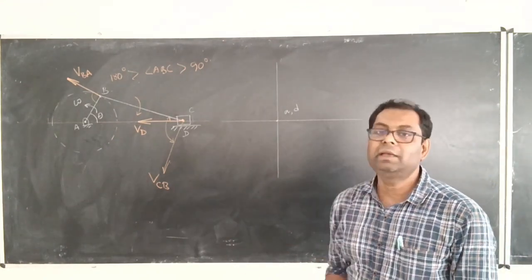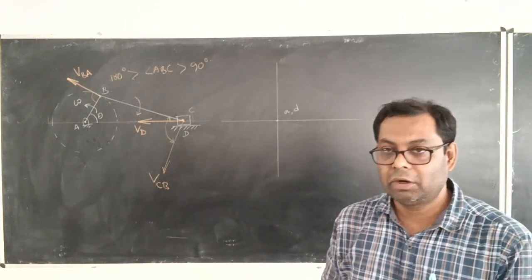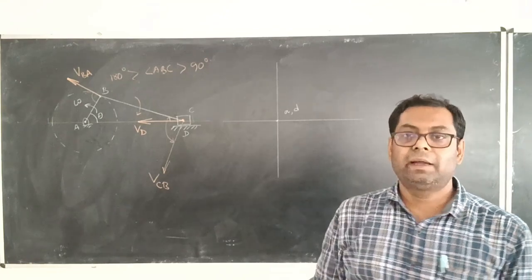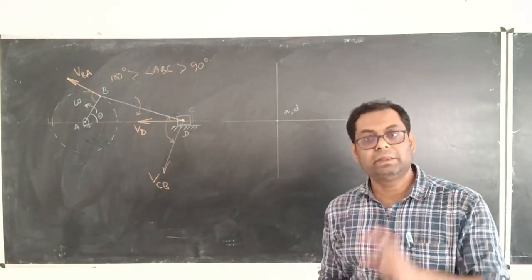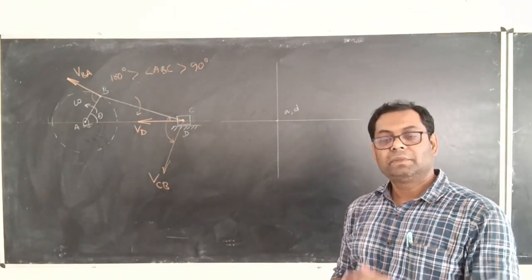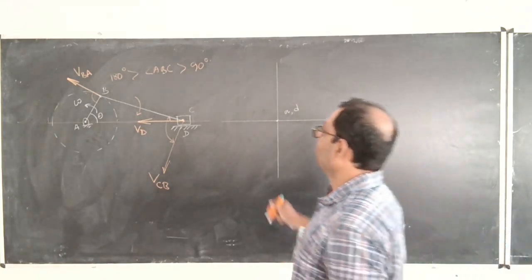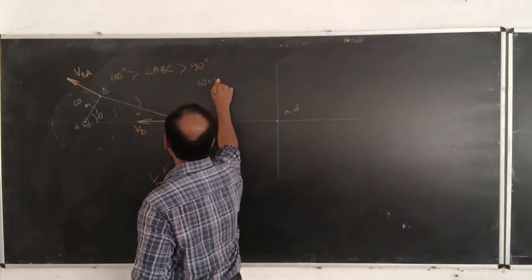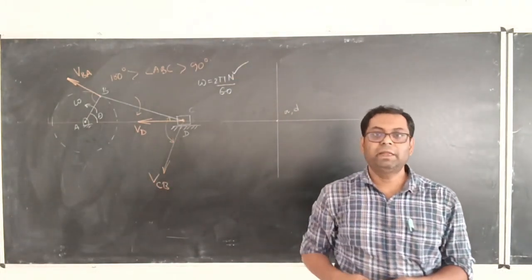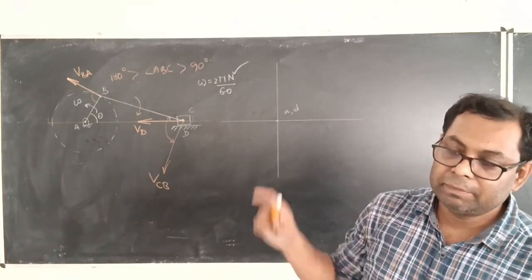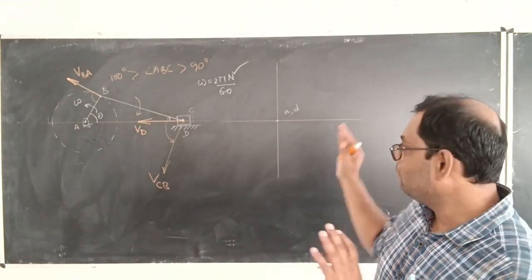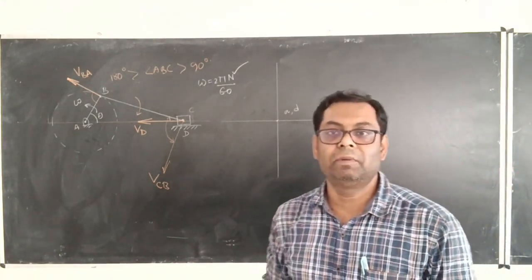That means not only the length of the crank and connecting rod, the distance between them and the angle theta, etc. should be provided with real data, but also the value of omega in RPM. We know that omega equals 2 pi N by 60. So maybe in some numerical problem, the RPM of the crank, that is A, will be given. From here itself we can find the value of omega.